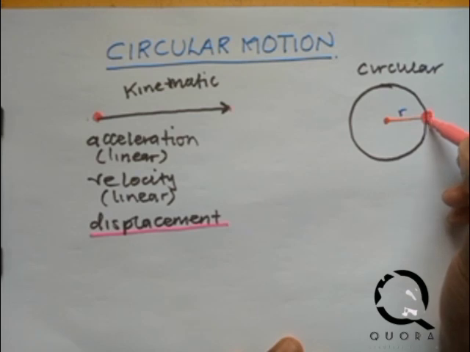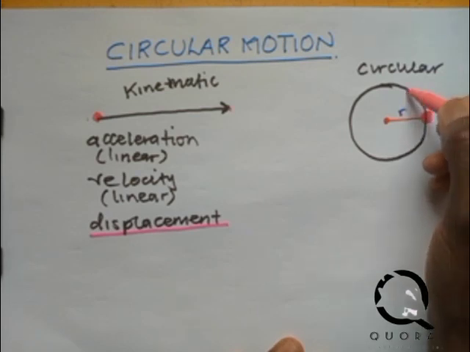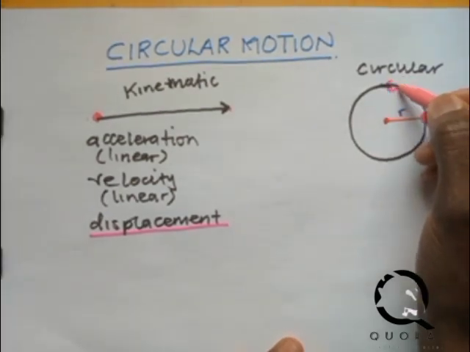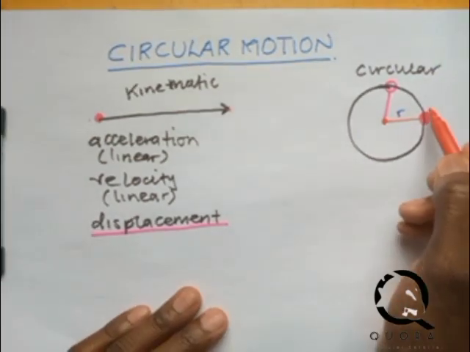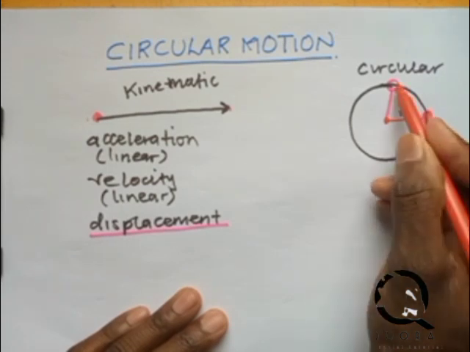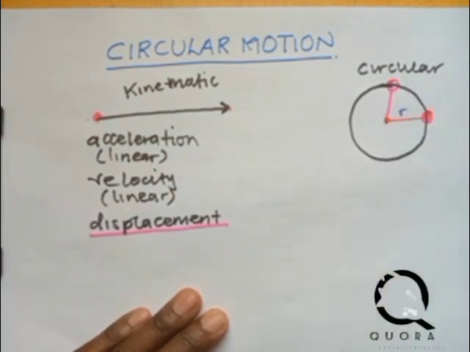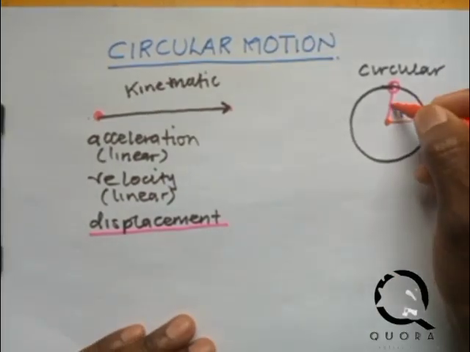If an object is to rotate, it covers a specific distance and then it comes to this given position. It will have the same radius. The distance it takes to move from here up to somewhere there is denoted by the angle it covers at a given point, which is here.